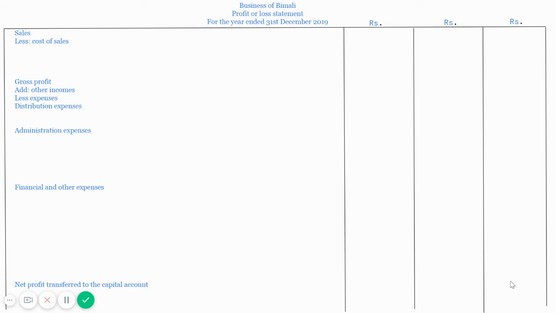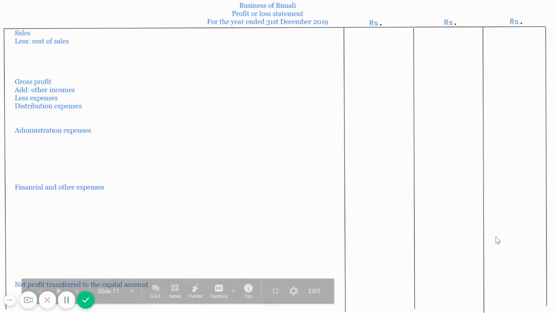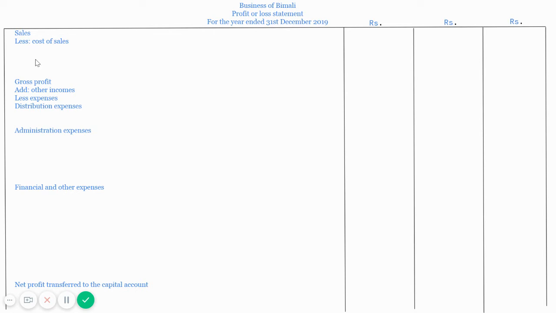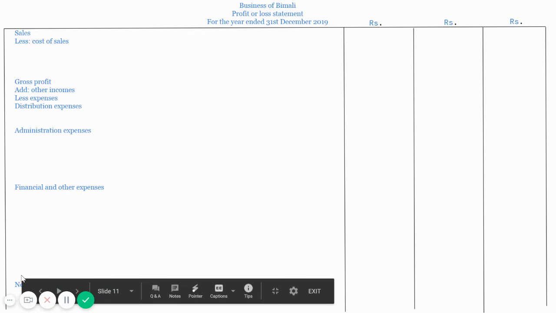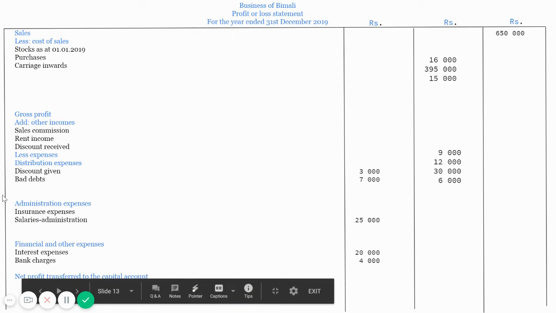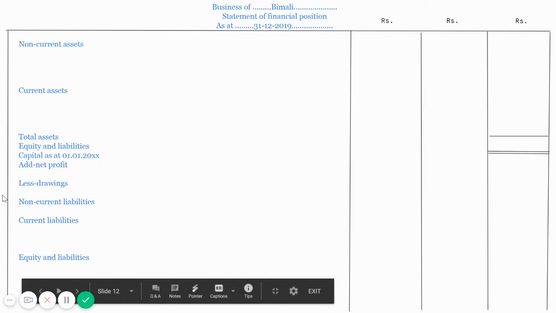And another thing that you have to note here is we are not going to start from the sales, going downwards, and then at the second step go on to the statement of financial position and work out from here to here. Never, don't do that. You'll run short of time.